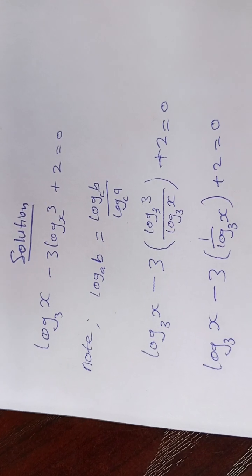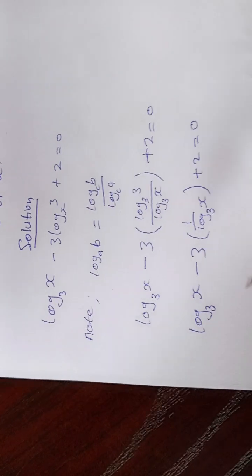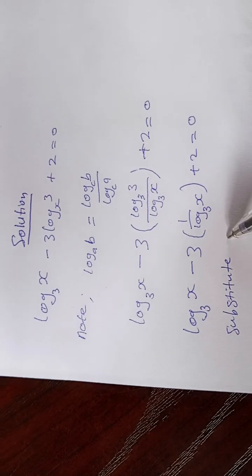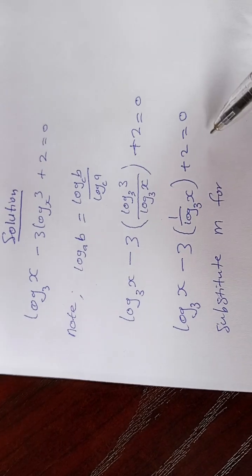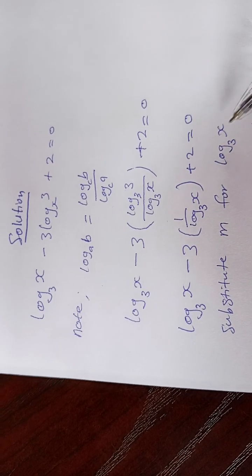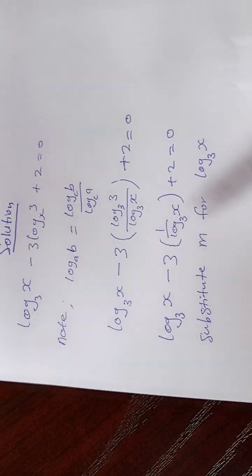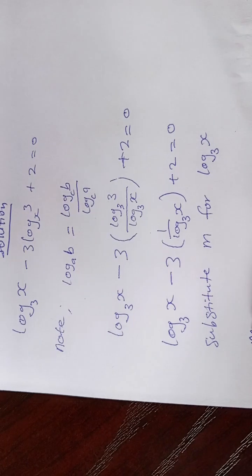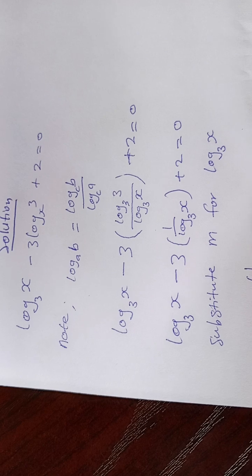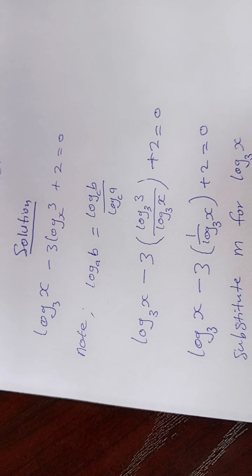To make things easier for us, let's substitute n for log x in base 3. So here we'll have n minus 3 times 1 over n plus 2 equal to 0.